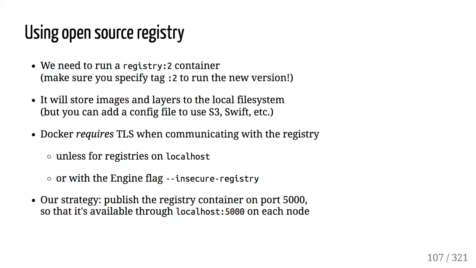You can give the --insecure-registry flag to the Docker engine, and then you give it IP addresses of the whitelisted registries that are fine. Or you can also use localhost, because we thought that even the NSA cannot intercept your traffic with localhost, and so it should be fine if we don't use certificates when talking to a registry on localhost.